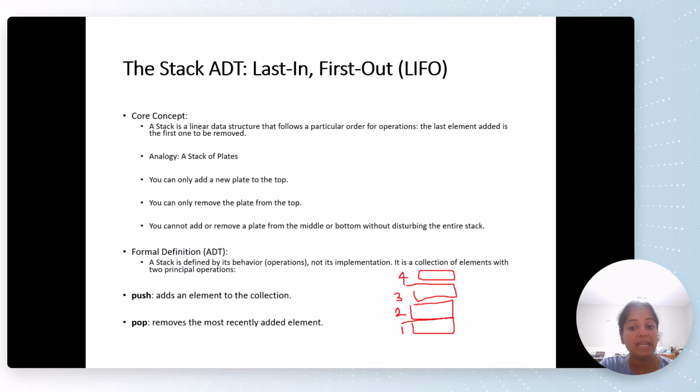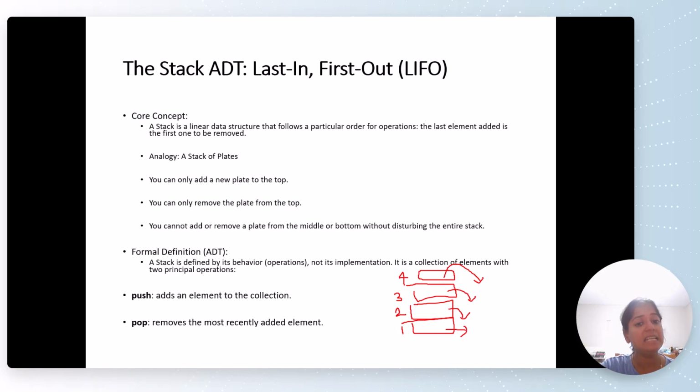When you need to take out the books, which book will you take out first? Number 4, the last book, will be taken out first. Then number 3, then number 2, and then number 1. So this is the stack data structure. The data which is added last is removed first.